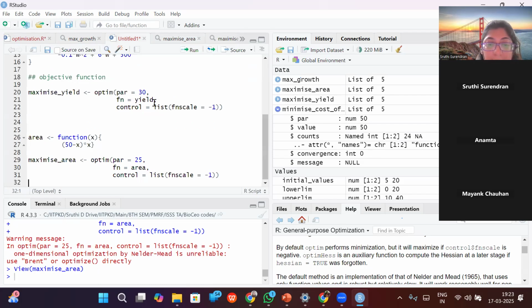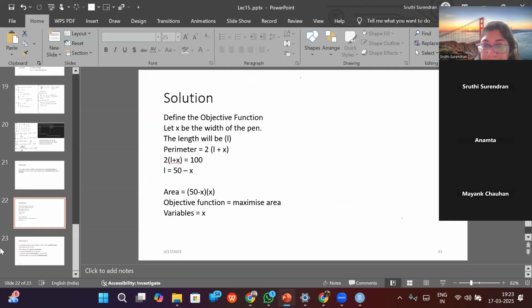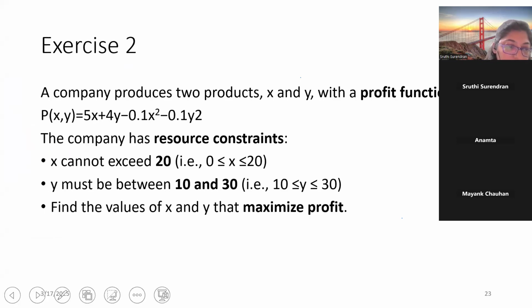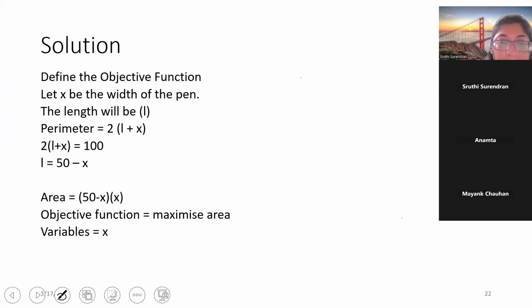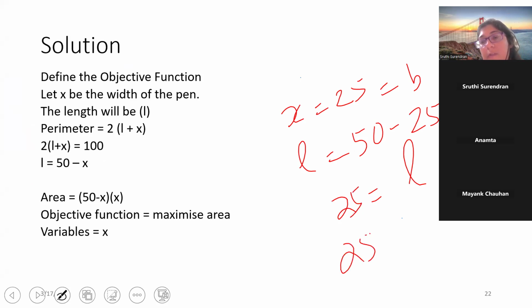So in this case, we get x is equal to 25, which is the breadth. Length will be equal to 50 minus 25, again equal to 25, which is the length, and 25 into 25 will be 625.